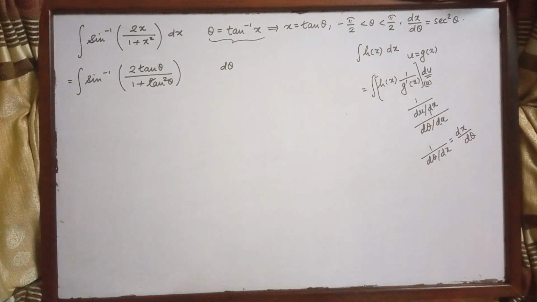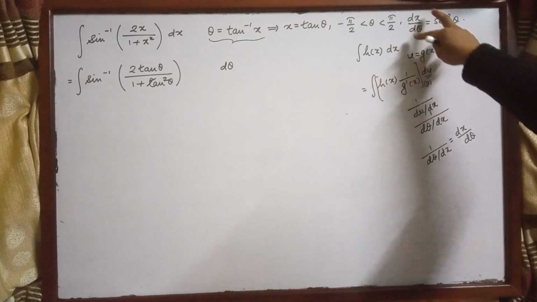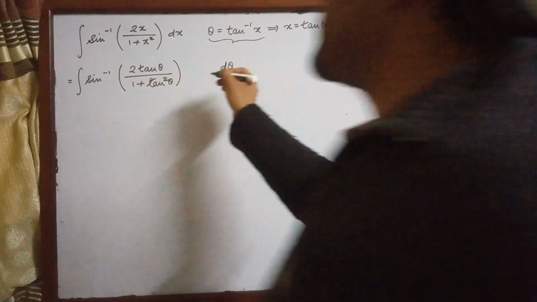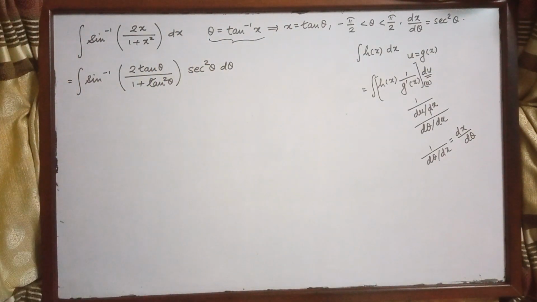So the substitution factor is simply dx over d theta, which is equal to sec squared theta.